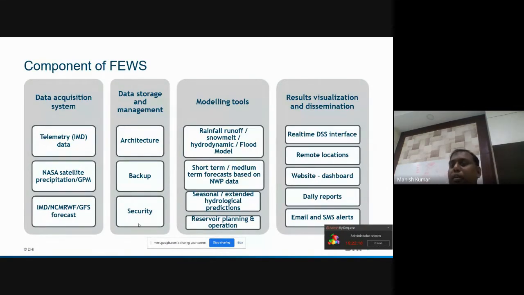And then you have, obviously, modeling tools, which will use the data from the data acquisition system and process it to generate various results. Normally for a water resources system, we use a rainfall-runoff model. If there is snow in the catchment area, then you also need a snowmelt model, and then you need a hydrodynamic model if you also want to route the water in the open channel.